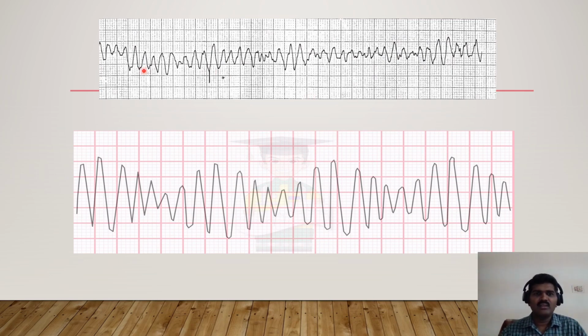Yes, in this ECG the rhythm is going completely haphazard. No two waves are looking similar to each other. Most chaotic rhythm. This is the rhythm of ventricular fibrillation. Next ECG, no P waves, only wide complex QRS complexes are visible.